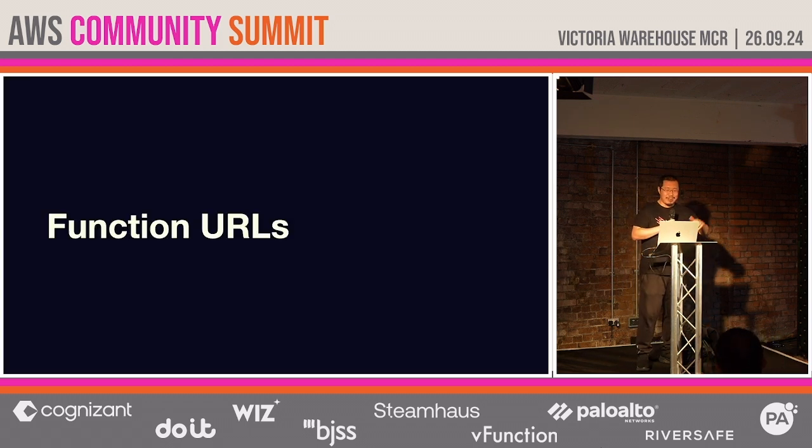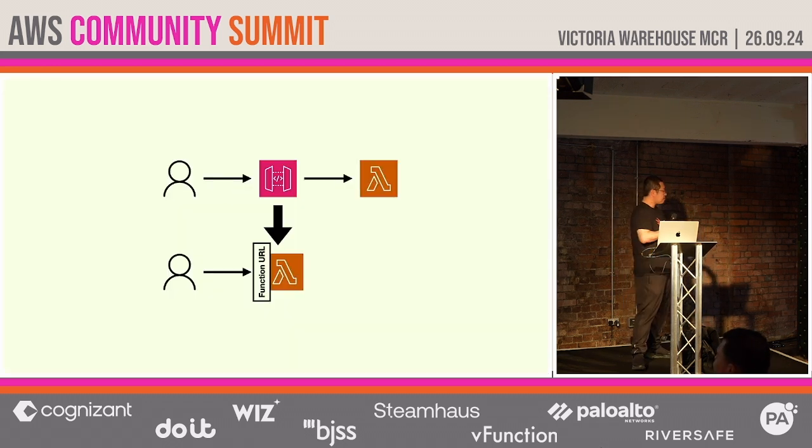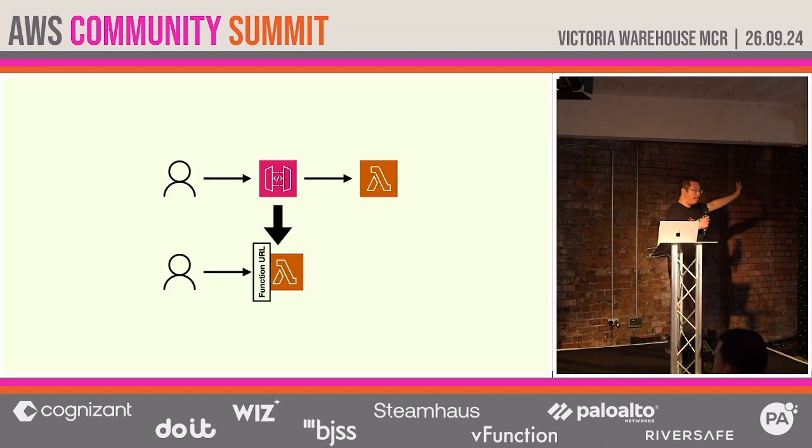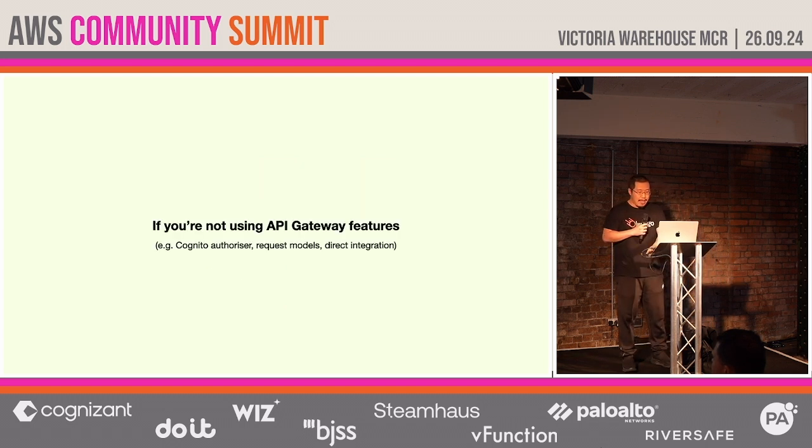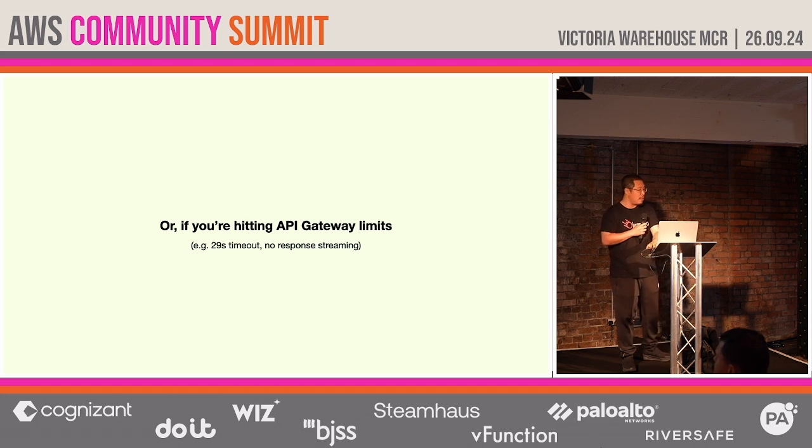Okay, another move: function URLs. API Gateway is great, I love it, but nowadays you don't need it to build a serverless API. If you're not using all the features that API Gateway gives you, or maybe you're running into some limitations, like, oh, I want to do response streaming because I'm doing AI, I've got LLMs that take a really long time to respond, then API Gateway doesn't support response streaming.